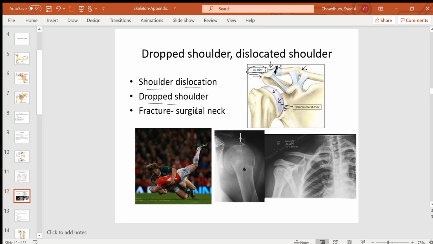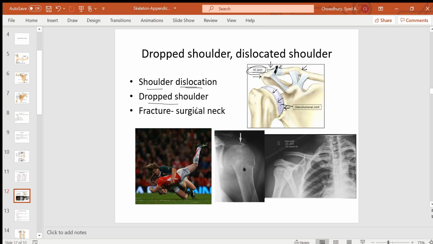Or if the muscles or ligaments get weak, that can also cause the dropped shoulder. Some sports like golf, the person uses one side most of the time, so that can cause dropped shoulder. So some sports that use one side too much than the other side, that may lead to dropped shoulder.